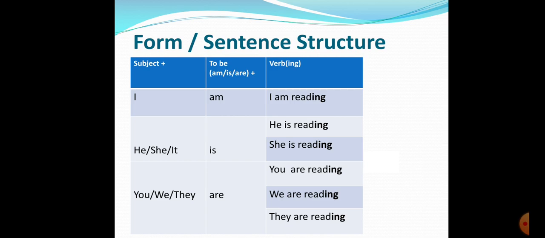The first form of verb here, you know, is read. Then you add ing to it to make it present continuous form. Read plus ing equals reading. So you get the sentence, I am reading. Similarly, let's try to make sentences with the second person and the third person.